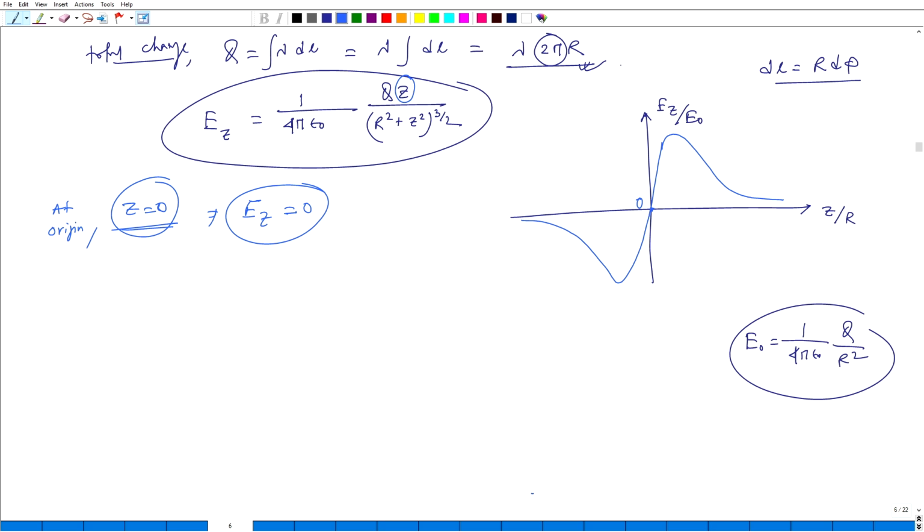So we plot that. It must pass through the origin and be symmetric about the origin, and it looks like this. At some point it is maximum, and then again it decreases.